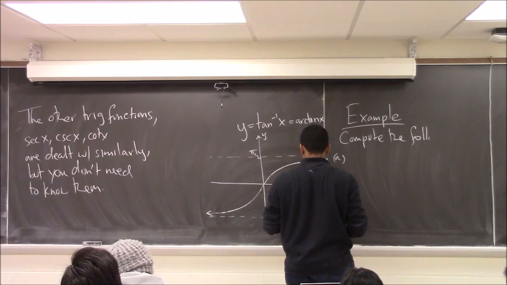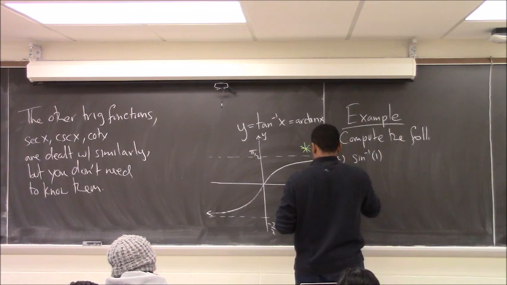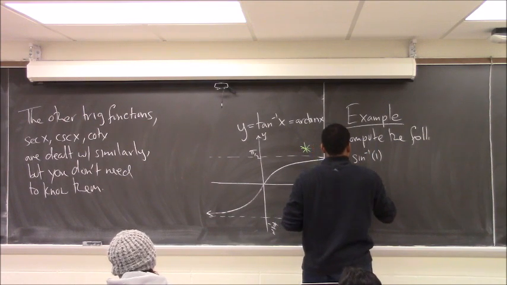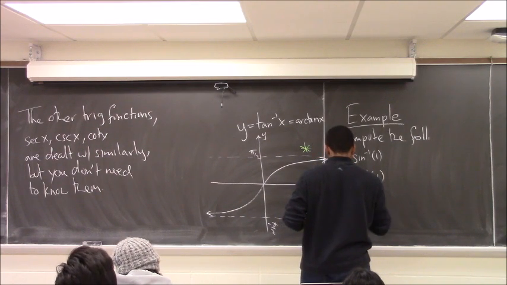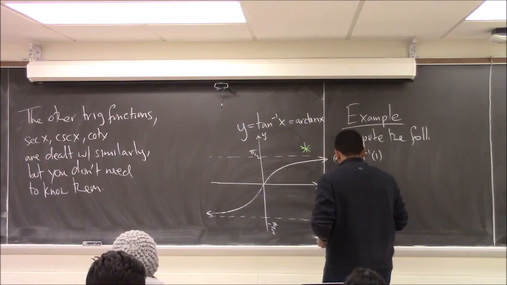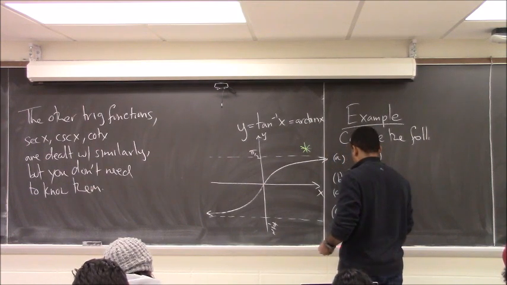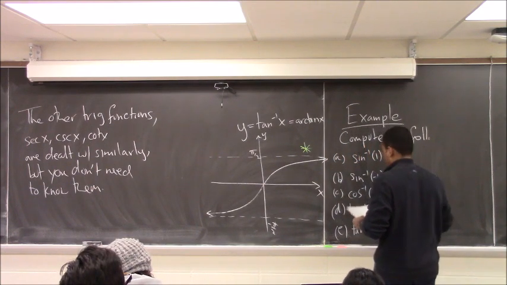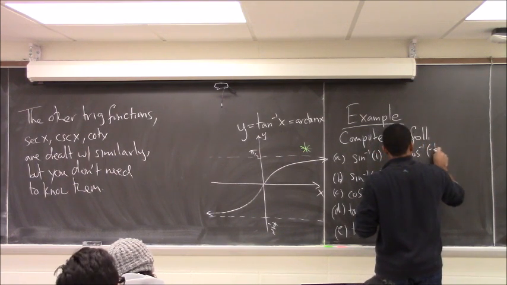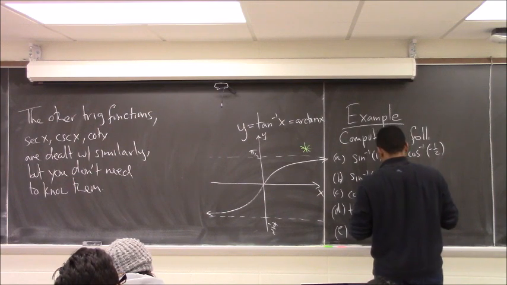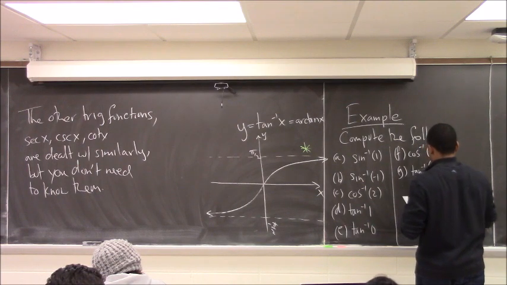I have a lot of examples here. I don't even know if I want to do all of them. Sine inverse of 1. Sine inverse of negative 1. A lot of them would be quick, I guess. Cosine inverse of 2. Tan inverse of 1. Tan inverse of 0. Cosine inverse of minus a half. Tan inverse of minus radical 3 over 3.